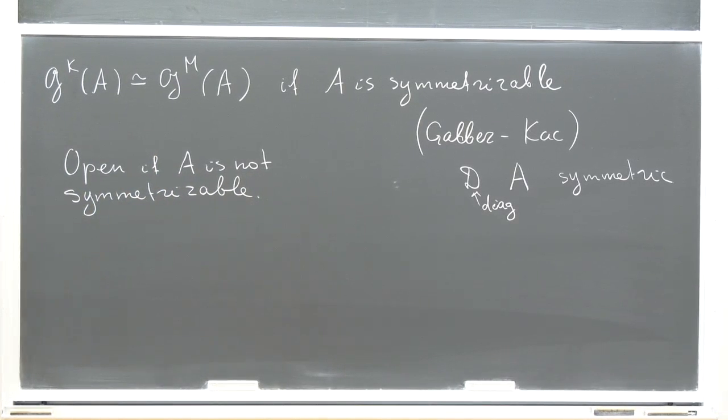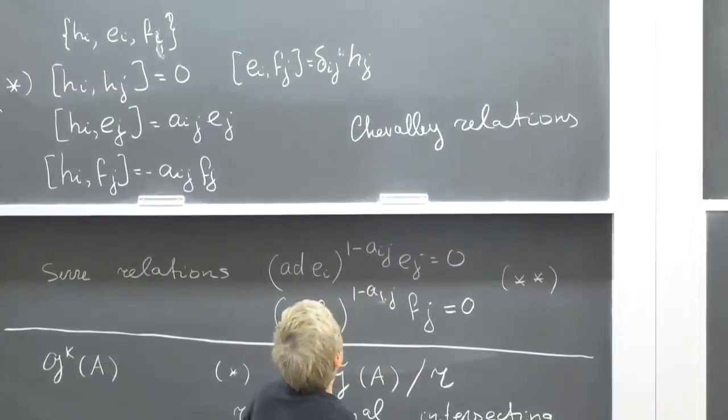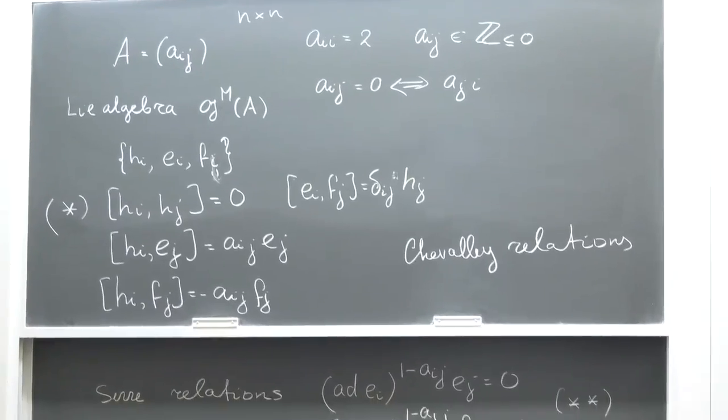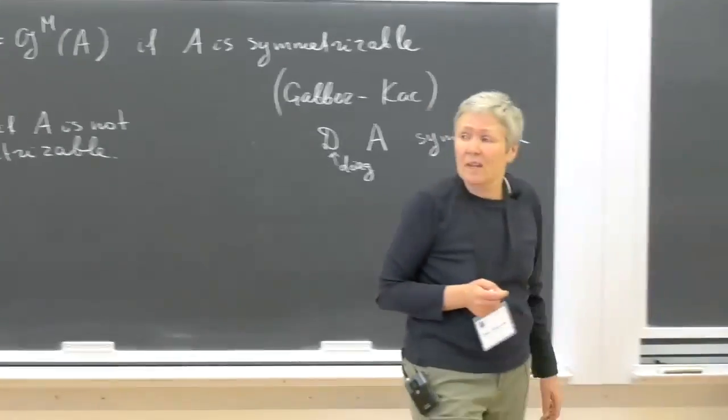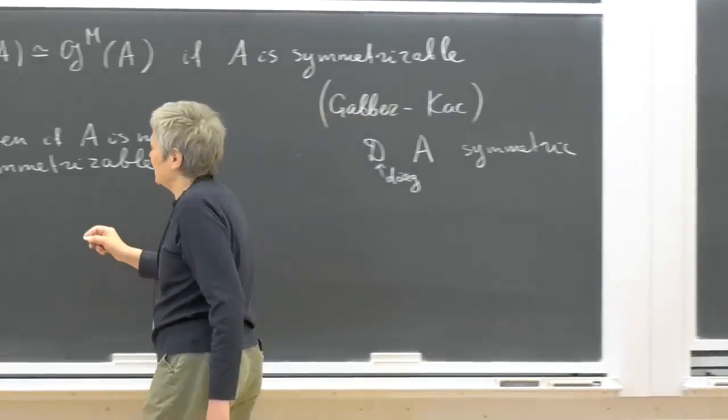So what I'm going to talk about: later on, there were certain generalizations of these constructions. In principle, we can forget about the conditions written on the top of this board and try to construct the algebra and see what we get. There are two important cases.